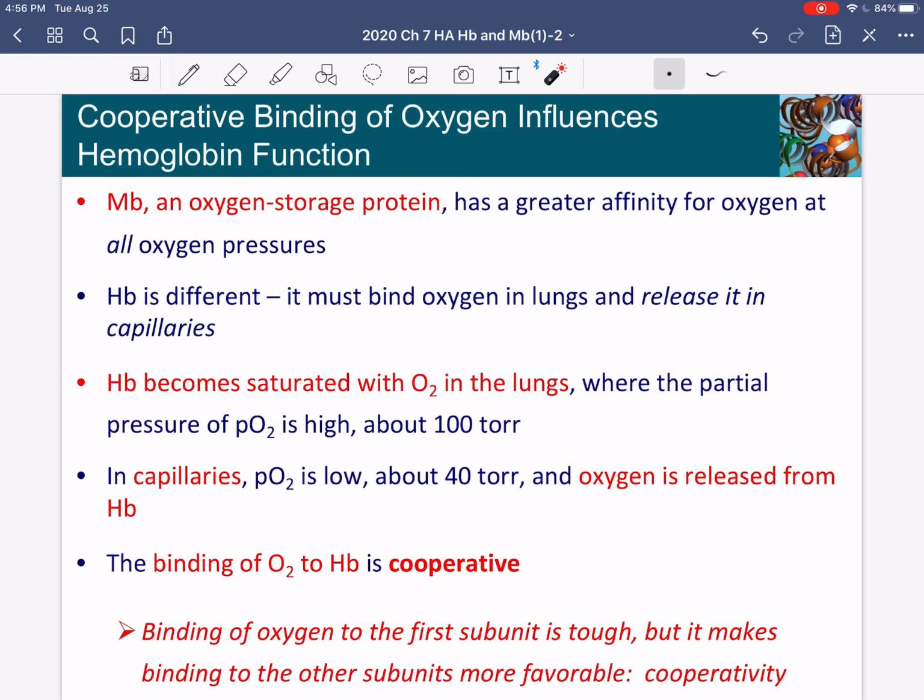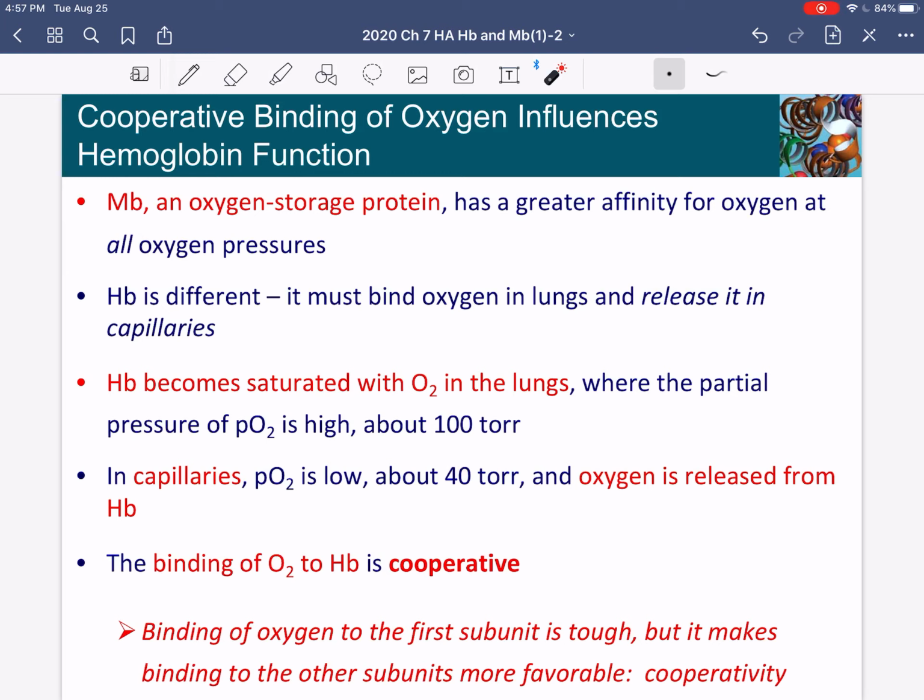It has to release the oxygen at the capillary tissue interface. And so it has to be loaded up with oxygen in the lungs at that lung artery interface where the partial pressure of oxygen is high. Remember, that's where it was 100 torr on our graph.